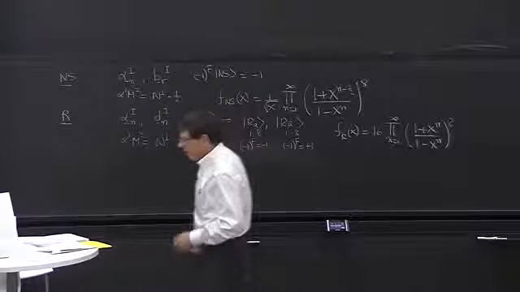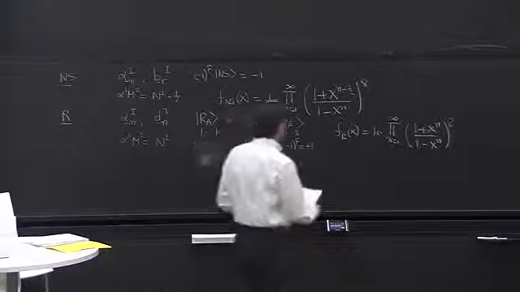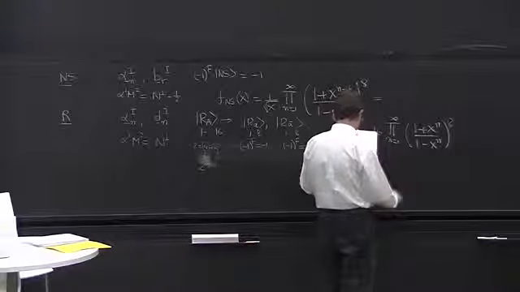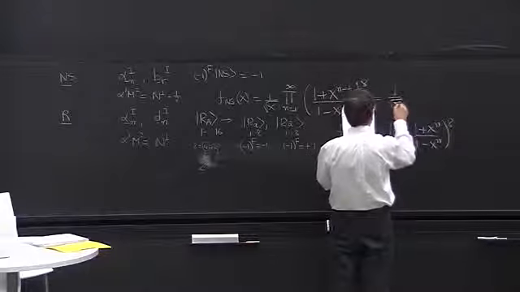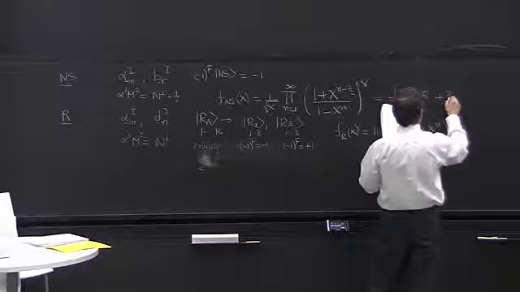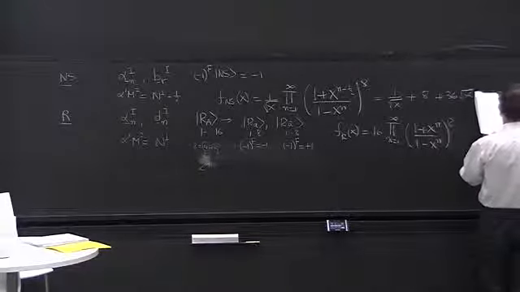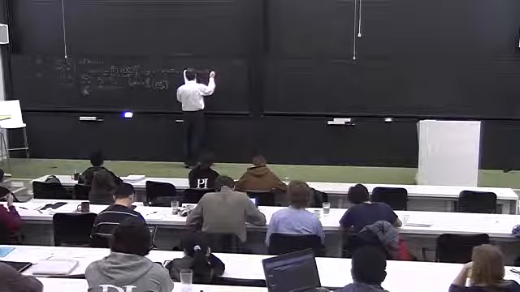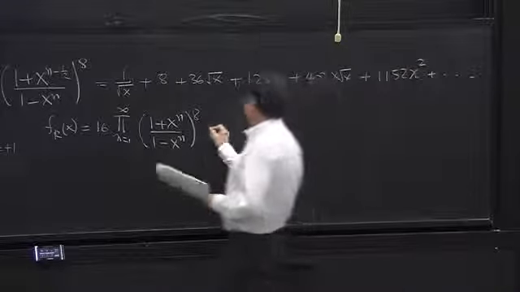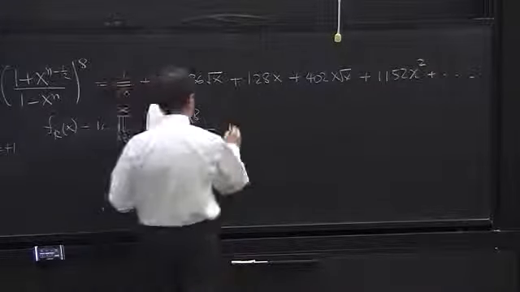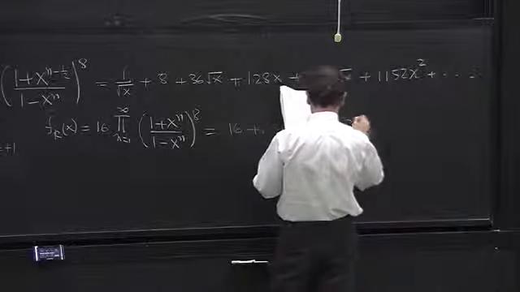Now, here comes a piece of numerology. If you have something like that, any curious physicist would just see a few numbers and see how they look. 8, 36 square root of x, plus 128x, plus 402 x square root of x, plus 1152 x squared, plus... and you do then the Ramond one, and you get 16 plus 256x plus 2304x squared.